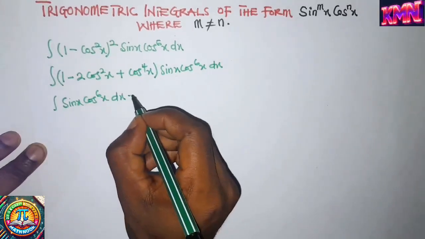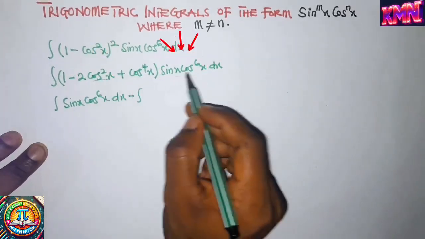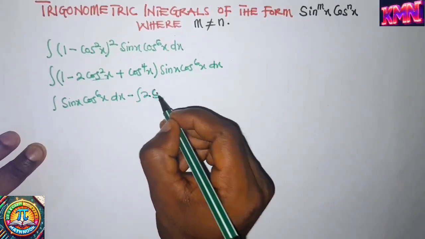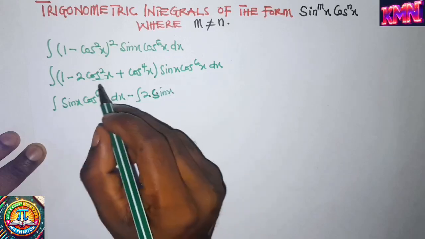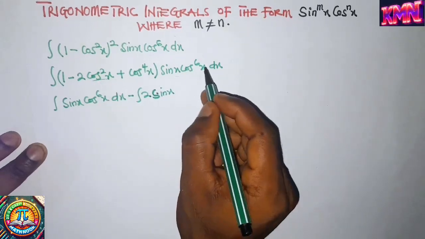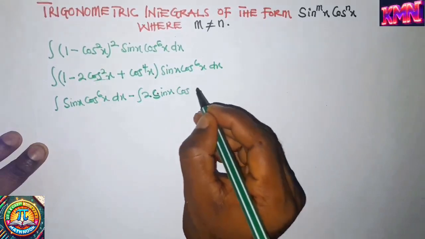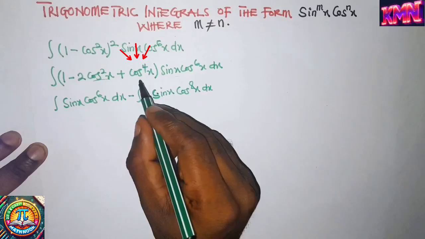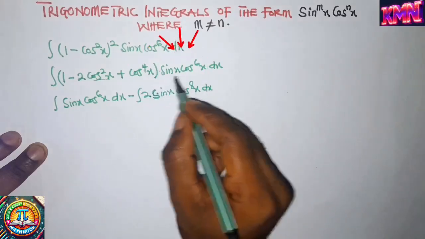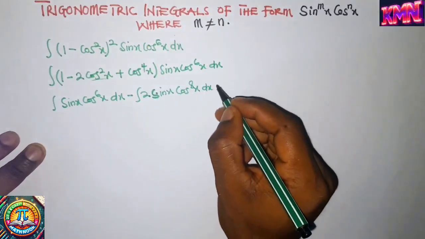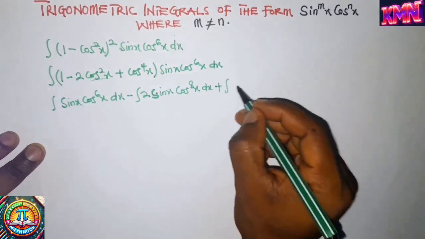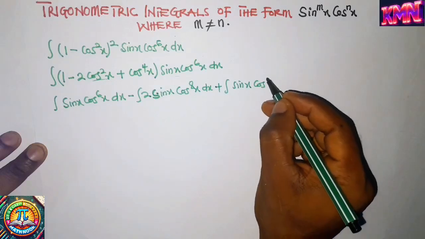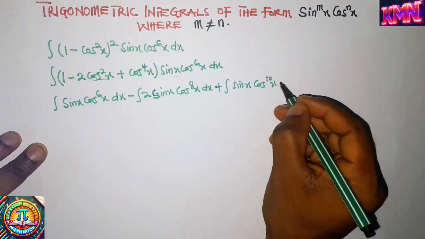Then we're going to have minus integral of 2 sine x, then cosine squared x cosine power 6x will give us cosine power 8x dx, and also cosine power 4x by what we have here will also give us plus integral of sine x cosine power 10x dx.